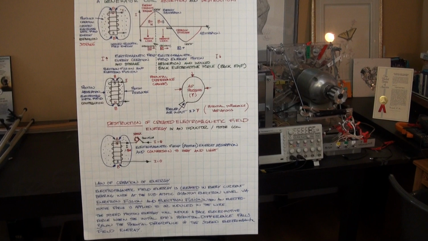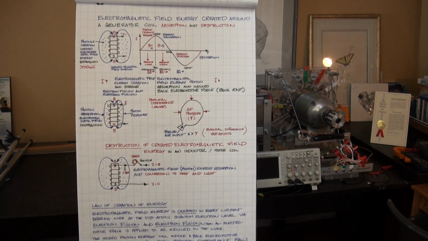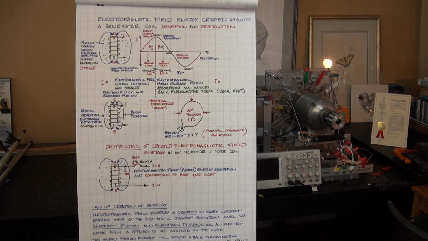Electromagnetic field energy is both created and absorbed. So how is electromagnetic field energy created and how is it absorbed in an electric generator?